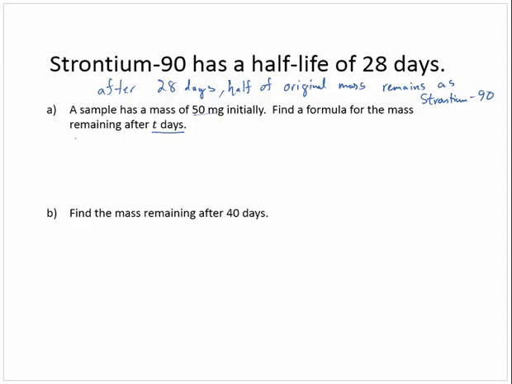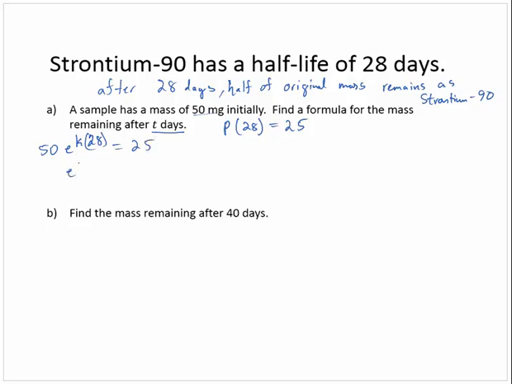So we know after 28 days, I'll use again P, we know that P of 28 should equal 25. After 28 days, half of the initial sample remains. So now we have then that 50 e to the k times 28 would equal 25.